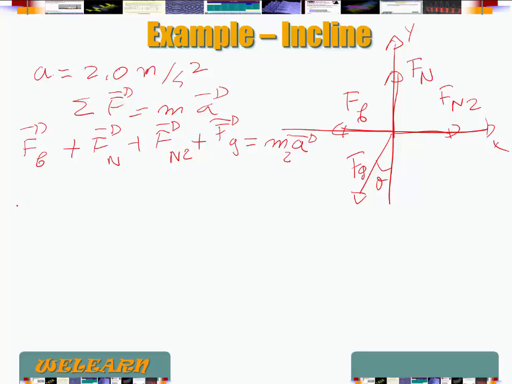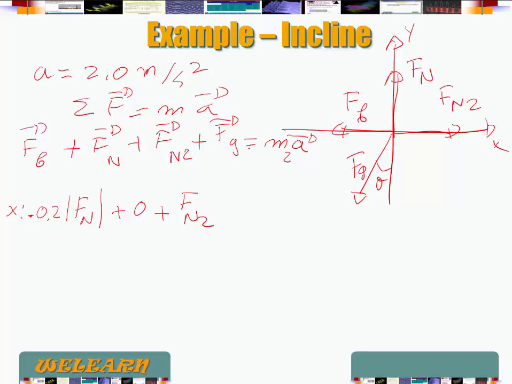Now we need to resolve the equation. Along the x, the friction force is going to be 0.2 times the normal force with a negative sign, since it's pointing this way. The normal force is going to have no component along the x. Normal force 2 that's due to m1 is going to be along the x, so that's going to be plus Fn2.